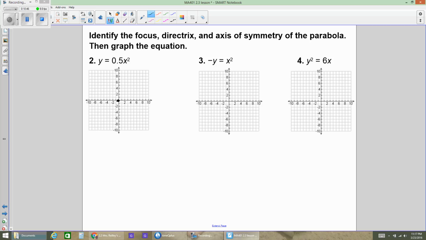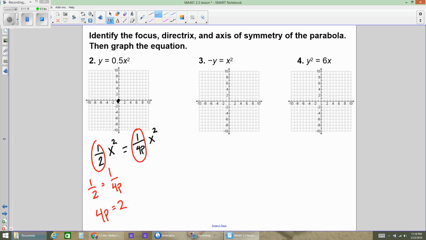We're starting here at the origin. 0.5 is actually 1/2. 1/2 x squared, remember, is equal to 1 over 4p x squared. So set those two parts equal to each other. 1 over 2 equals 1 over 4p. Go ahead and do your cross multiplication. You get 4p equals 2. That means p is equal to 2 over 4, or 1/2.